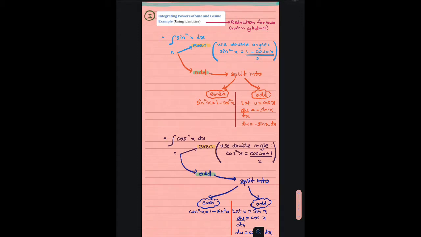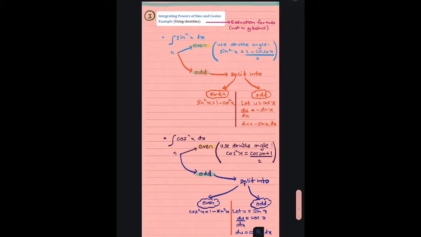When we look at the power for sine, when the power is even, for example sine to the power 4 x, we use the double angle formula. For example, sine squared x, this formula is derived from the double angle formula in MAT02.